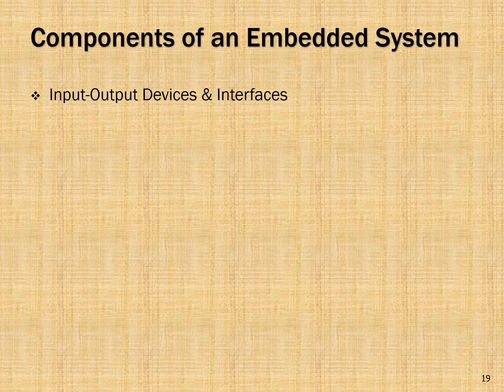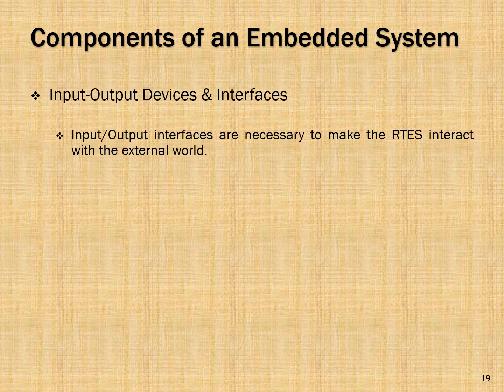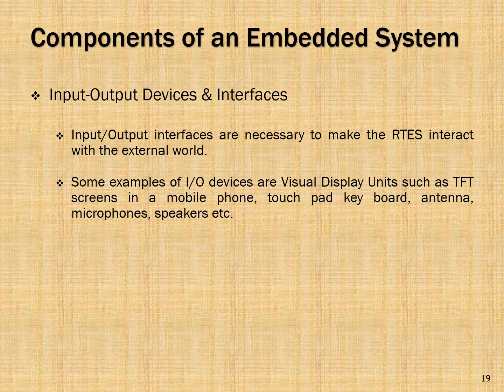Next we have input output devices and their interfaces. Input output interfaces are necessary to make the real-time embedded system to interact with the external world. So they are told as ears and eyes of the embedded system, without which the embedded system cannot interact with the external world.